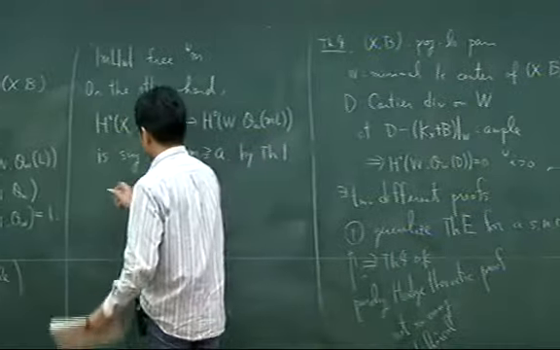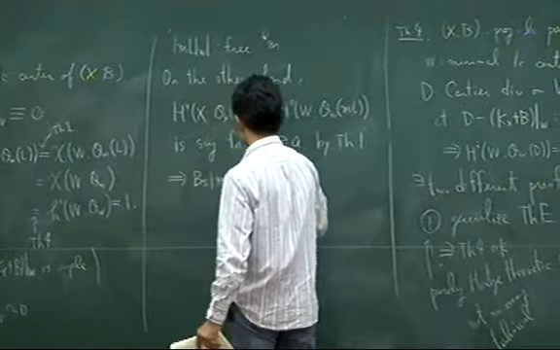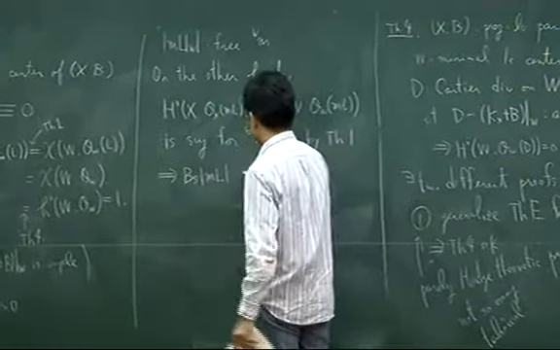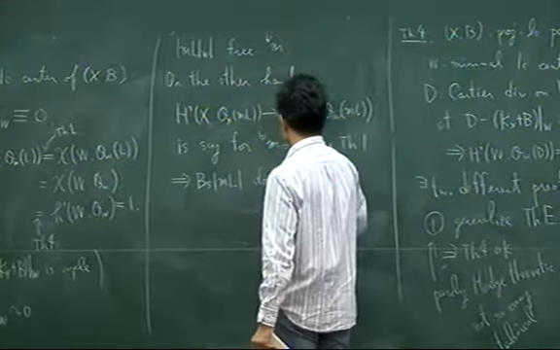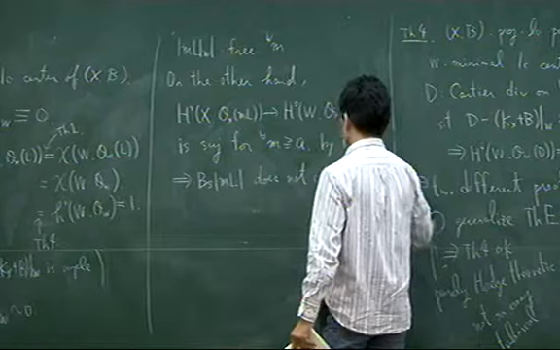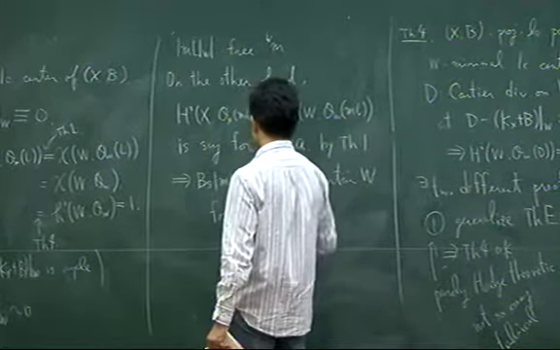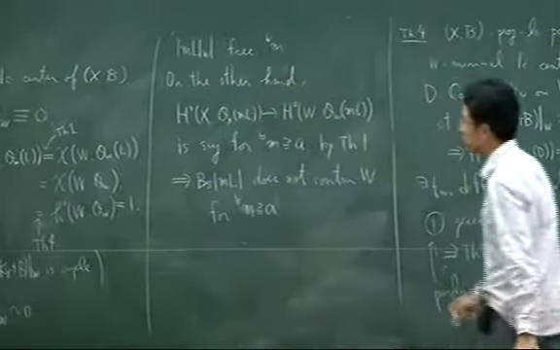By theorem 1, the base locus of ML does not contain W for any m greater than or equal to a.